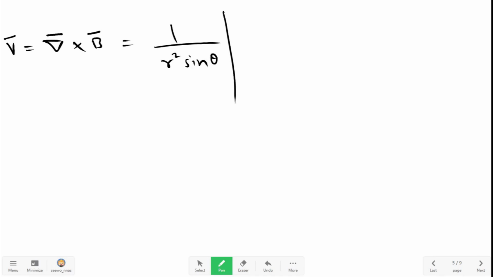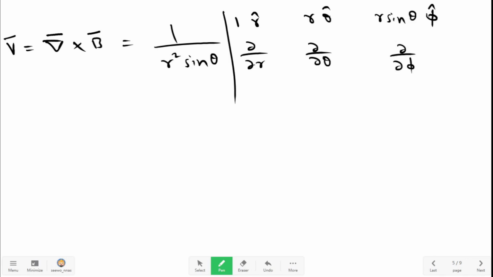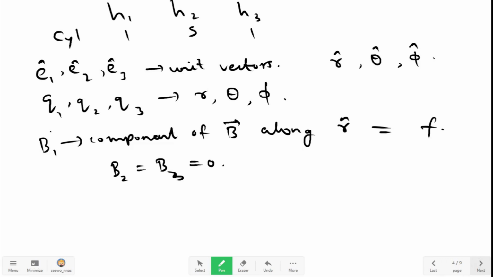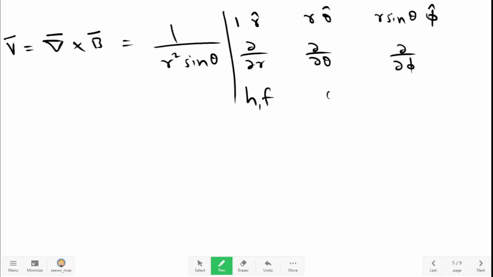Then you have h1 e1, h1 is 1, e1 cap is r cap, h2 is r, e2 cap is theta cap, h3 is r sin theta, e3 cap is phi cap, del by del q1, which is del by del r, del by del q2 is del by del theta, del by del q3 is del by del phi. h1 b1 is h1 into F, written here as k r cube sin square theta cos phi sin phi, and b2 is 0, therefore h2 b2 is 0 and h3 b3 is also 0.